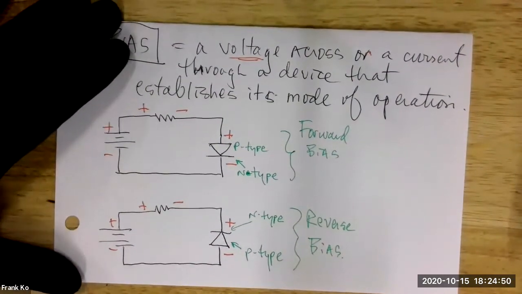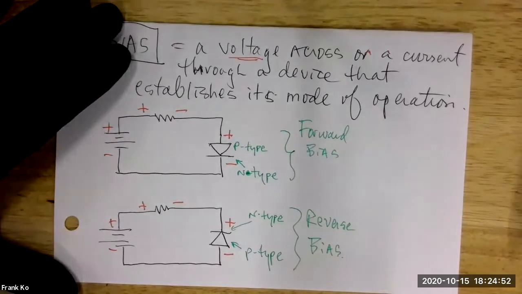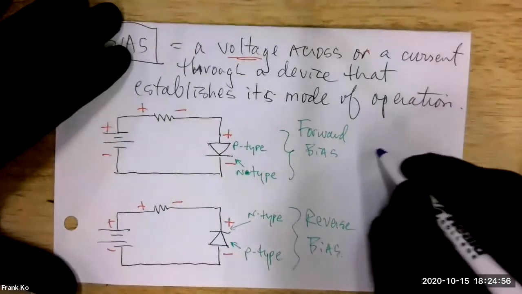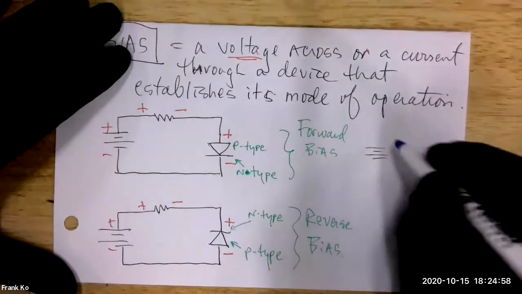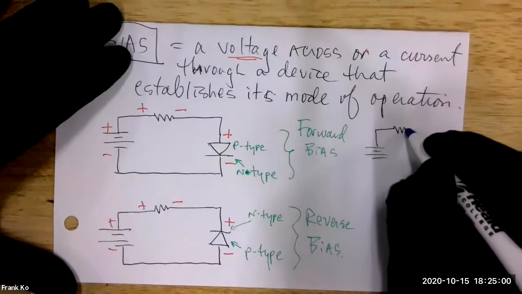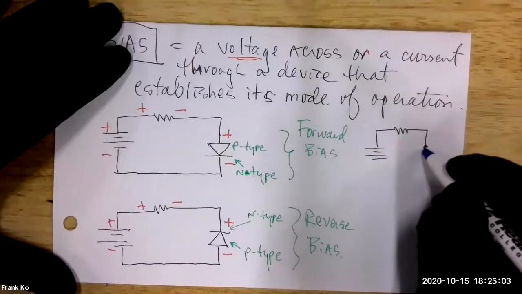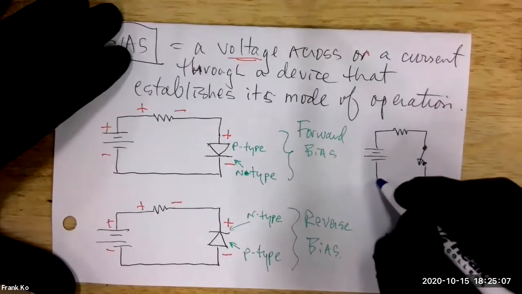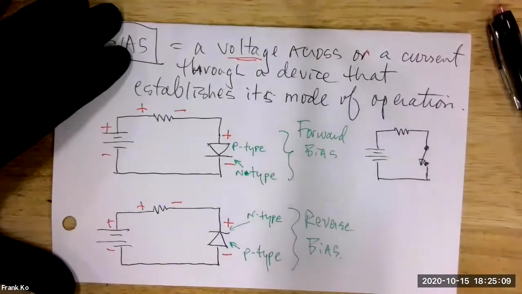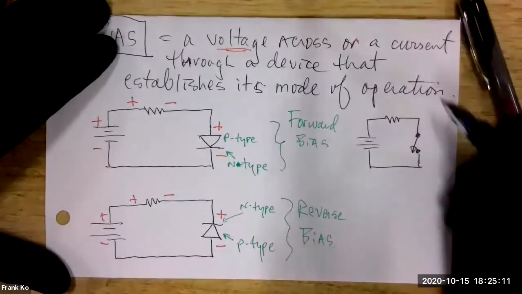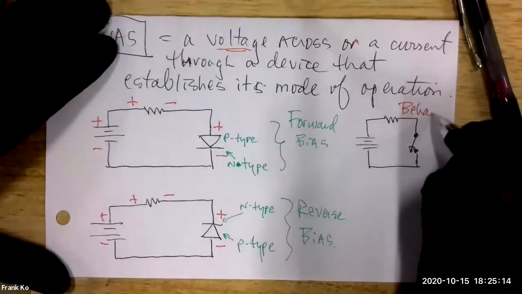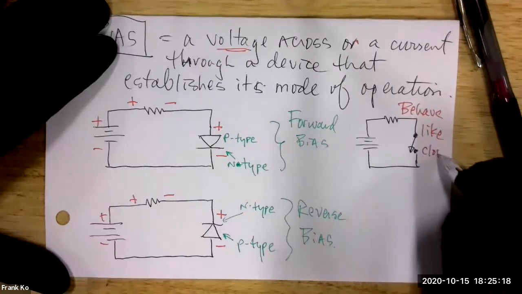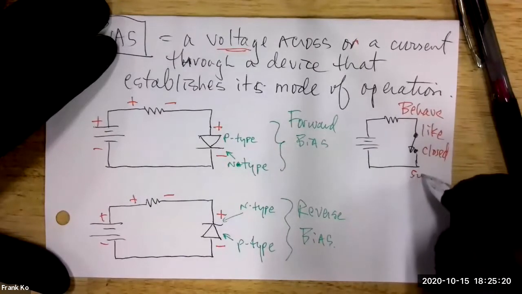Now let me explain to you what happens in forward bias. In forward bias, this diode will behave like a closed switch.